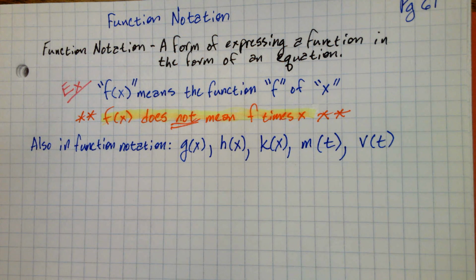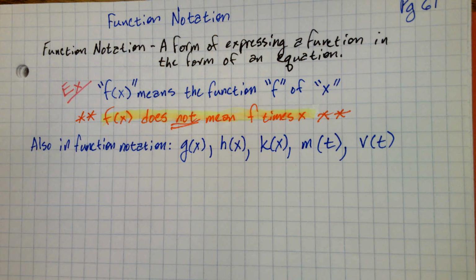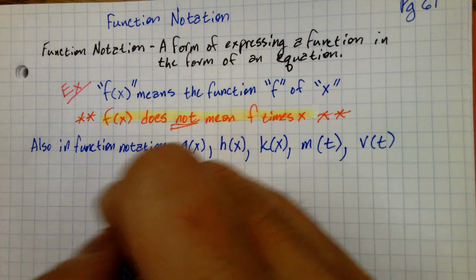Okay, so here is the big reveal. You ready? Another big reveal. Remember yesterday we were talking about independent and dependent variables? One of the reasons we like to use this function notation is that it tells us which one is the independent and the dependent variable, depending on where they are in this function notation.